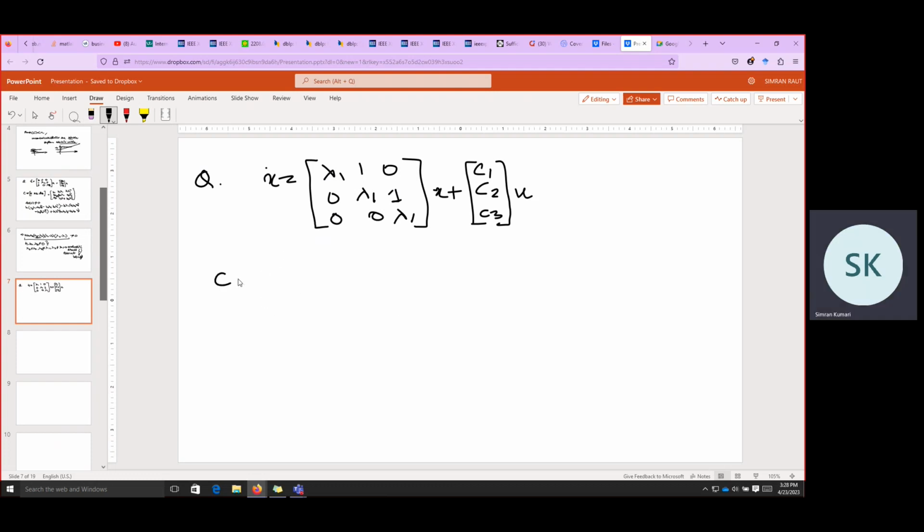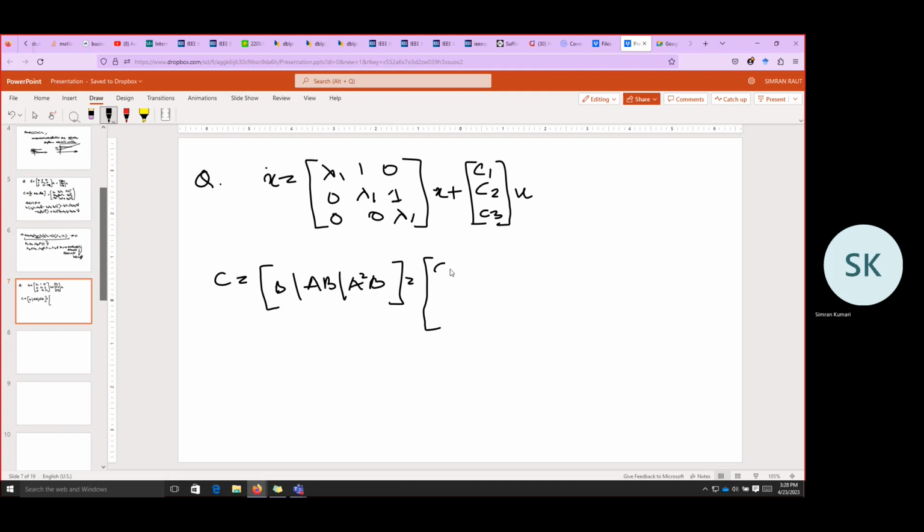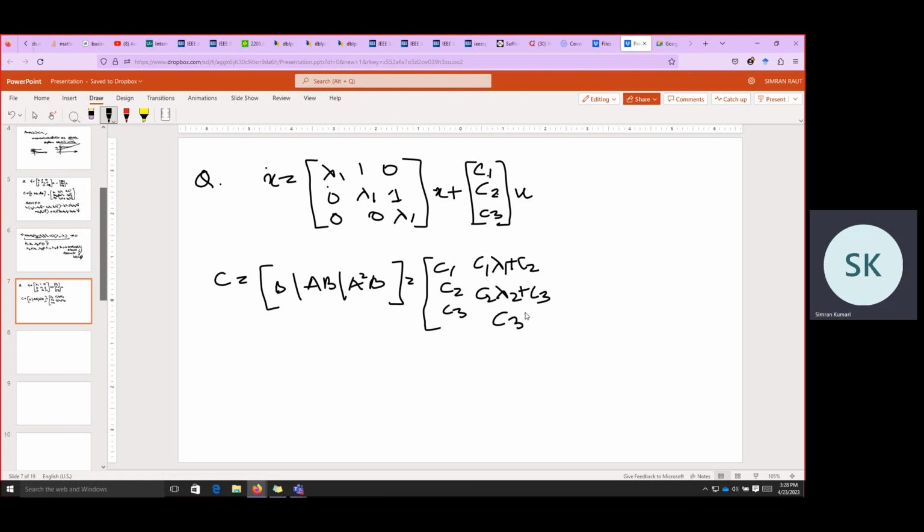So for this one, again, we'll compute this matrix V: B, AB, and A square B. This would give C1, C2, C3, and then we have C1 lambda 1 plus C2, then C2 lambda 1 plus C3, and C3 lambda 1.